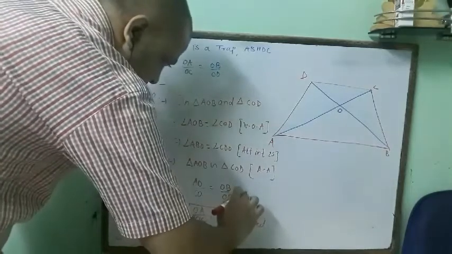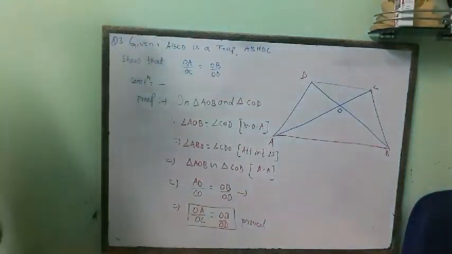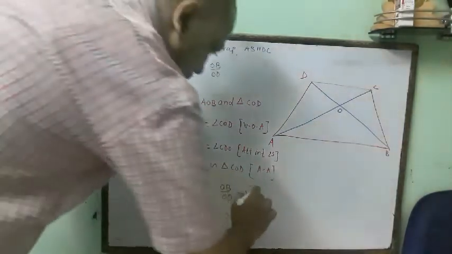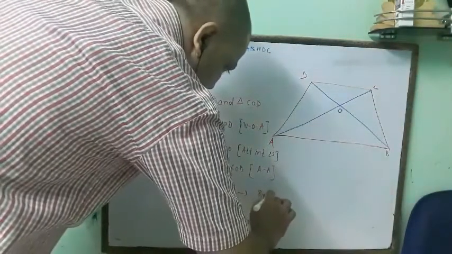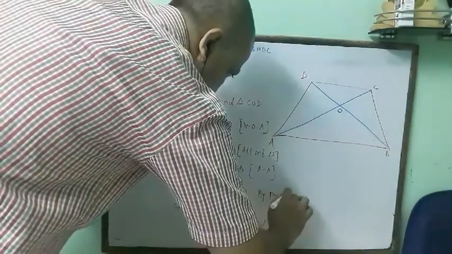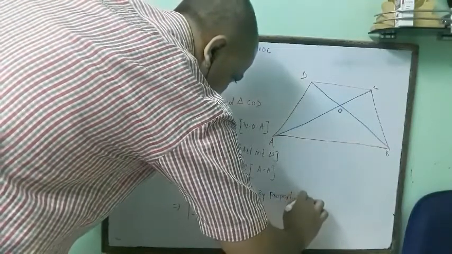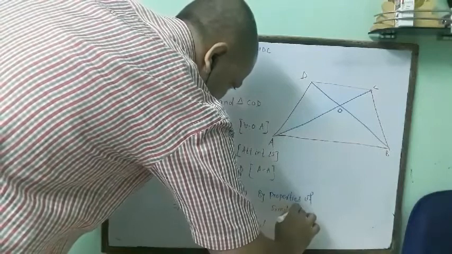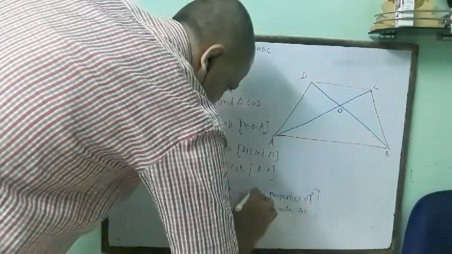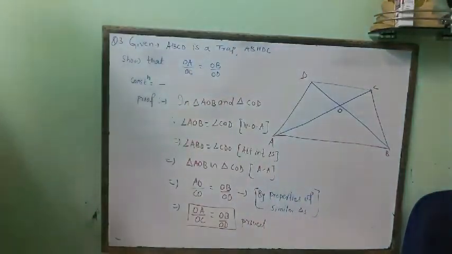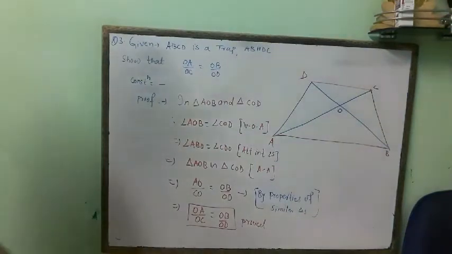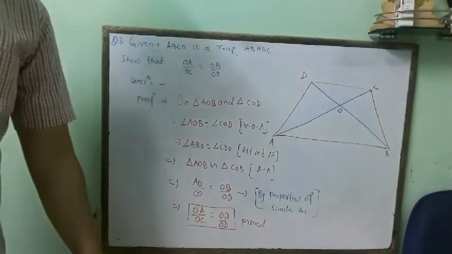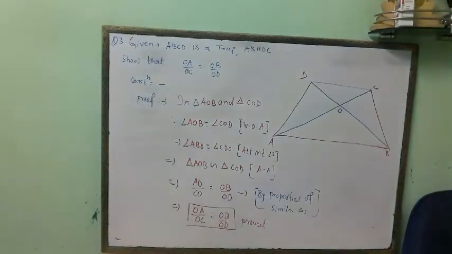This is by the properties of similarity: after triangles are similar, their corresponding sides must be proportional to each other.